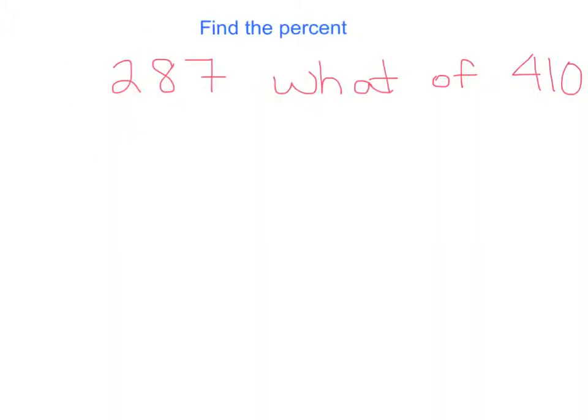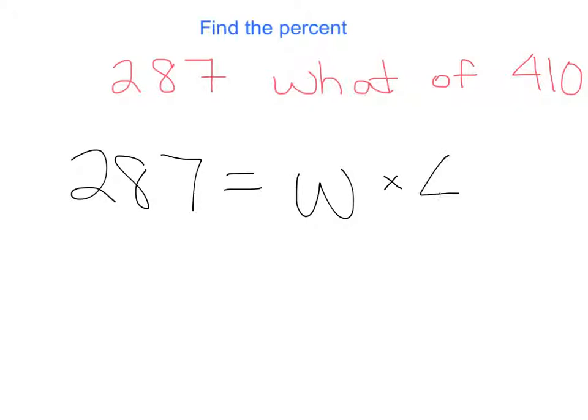Now we can find the percent. You want to set it up in the form of an equation, using the words to replace it with operations or equal signs. So 287 is what, so is equals, and then what is your variable, percent of 410.